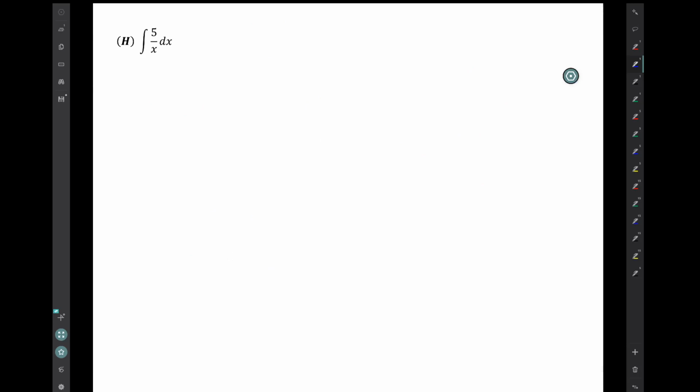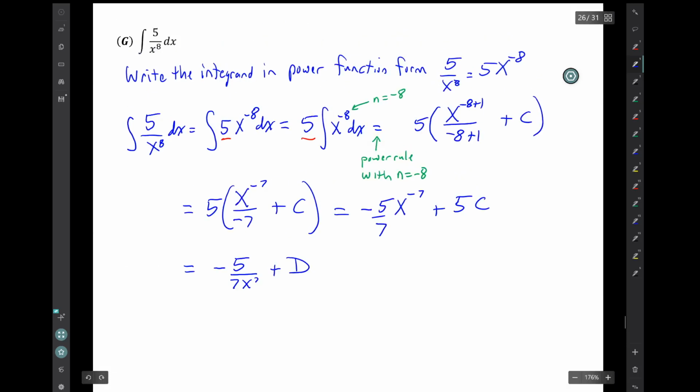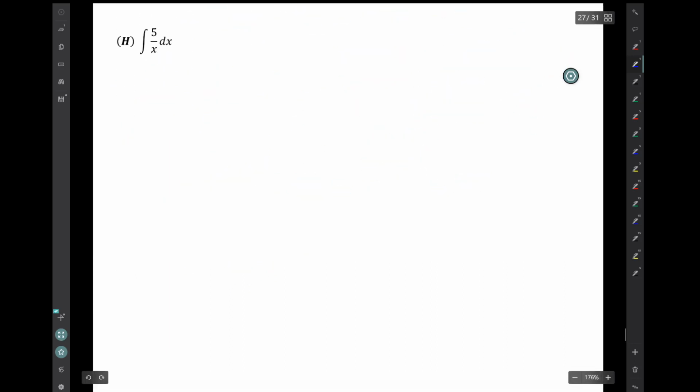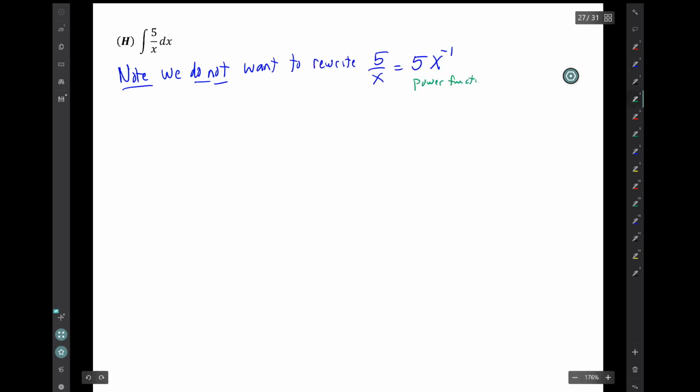Well, here you have to be careful. In the previous example, we rewrote the integrand in power function form. 5 over x to the 8th is equal to 5 times x to the minus 8. In this example, we do not want to rewrite the integrand. We do not want to write 5 over x equals 5 times x to the minus 1.